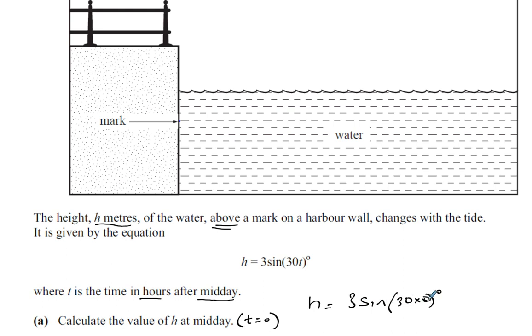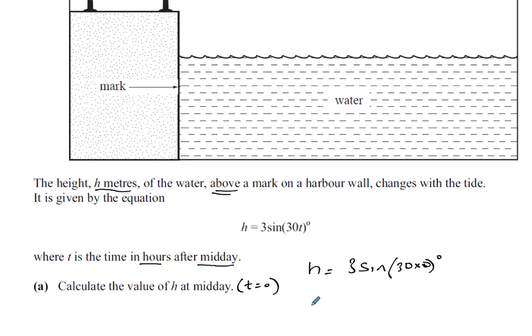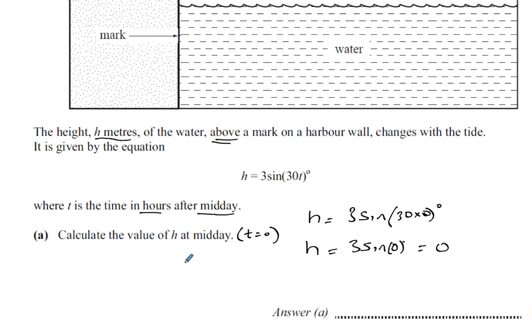In this case, it's the sine of 0, because 0 times 30 is 0. So the height of the water at midday is 3 times the sine of 0. The sine of 0 degrees is 0, so it's 3 times 0, which is 0. So the value of H at midday is 0, because it's exactly at the mark.